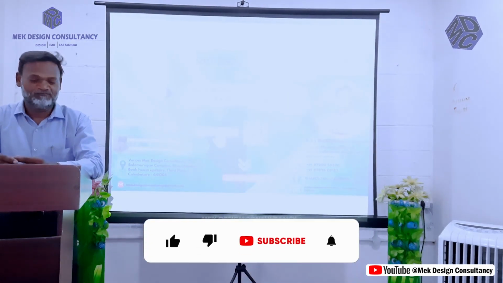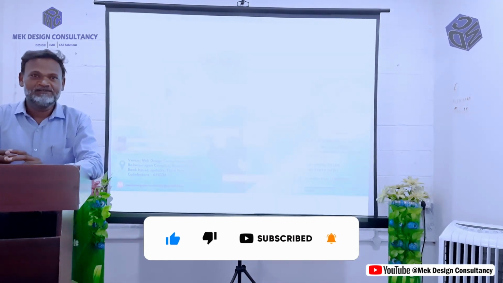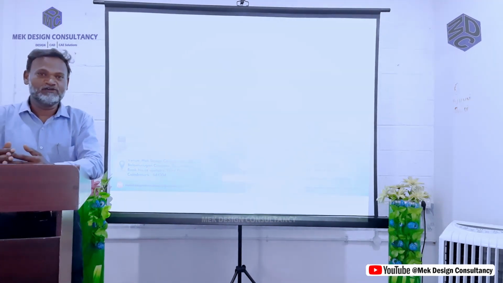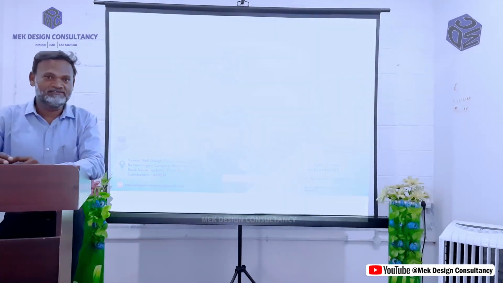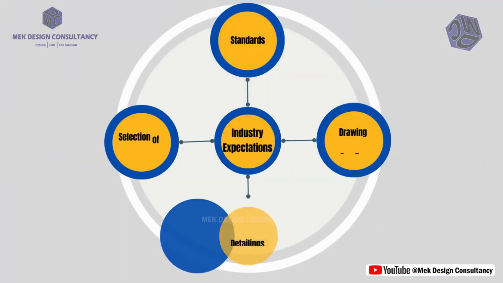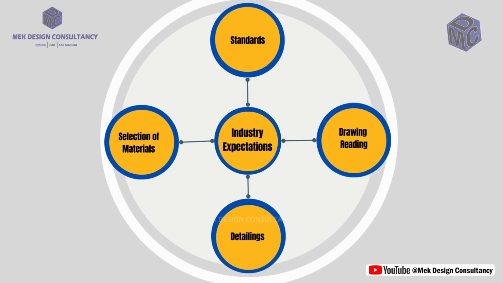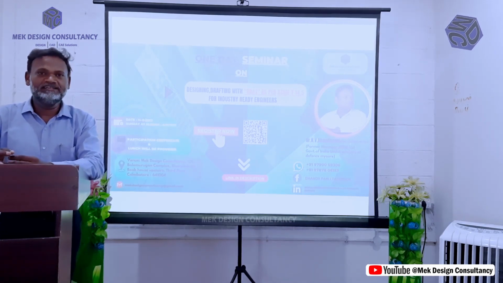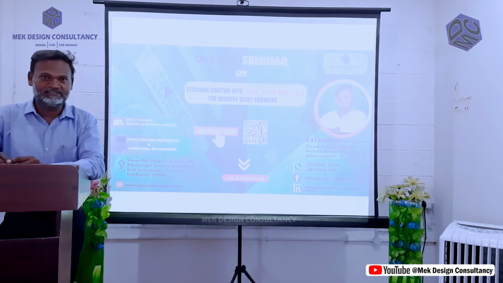I welcome you all for the one-day seminar on the topic of designing and drafting with GD&T as per ASME standard Y14.5. Before discussing the core topics, I will give a brief idea about what exactly the design engineer's requirements are, because nowadays the industry expects many parameters: how to read and study drawings and detailings like bill of material, how to select materials and standards, the basic and fundamental calculations, and how to define the GD&T symbols and dimensions with respect to the drawings used in industry.